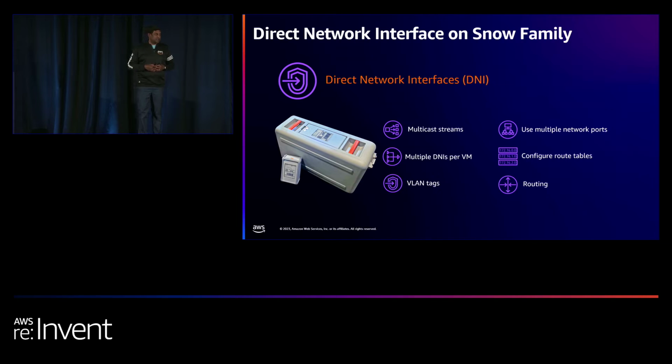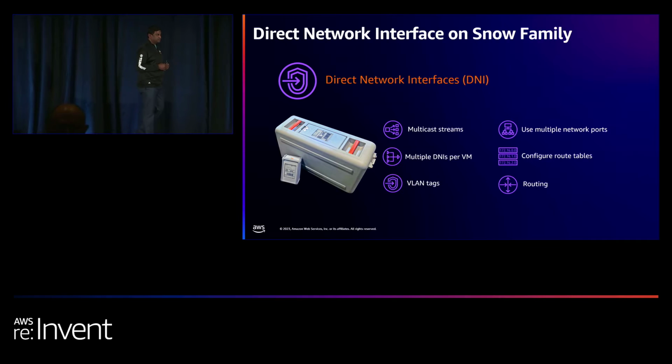To use DNI on Snow, you create a direct network interface. You can associate it with one of the physical network ports on the Snow device, and then you can attach the DNI to one of the instances running on the Snow device.